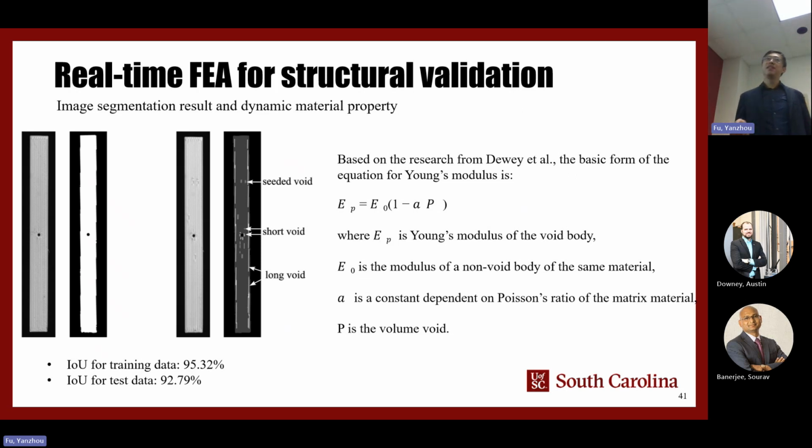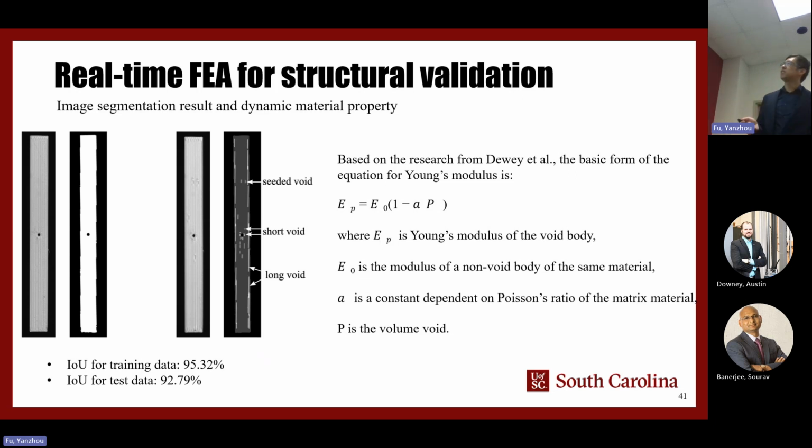Zero indicates there is no overlap between the predicted segmentation and the ground truth, and one means they are perfectly overlapped. So based on that, we can conclude that the proposed image segmentation achieved a good result for defect extraction.